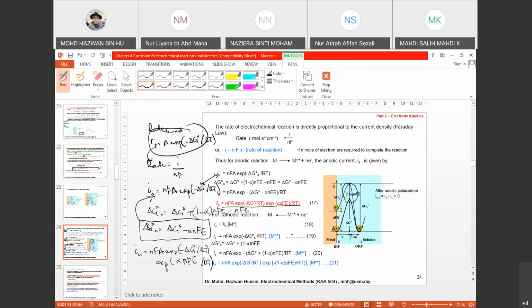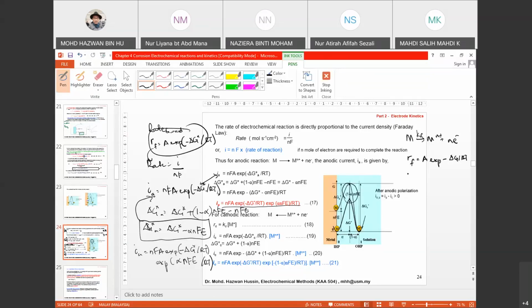Okay, all right. So this is actually the anodic current density derivation. From this simple equation, M to Mn plus E, you know that the forward reaction rate Kf is equal to A exponent minus delta G over RT.